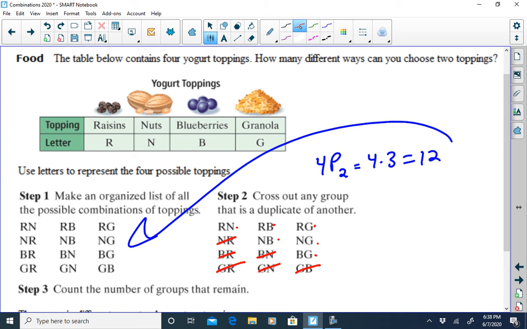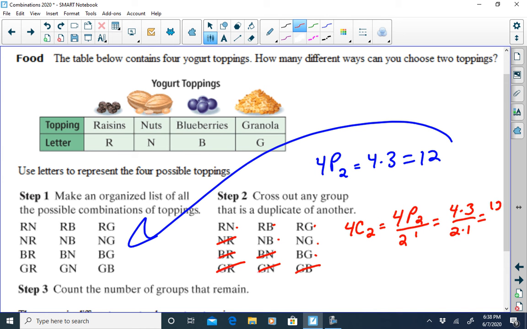Combinations would work like this. 4C2 would be to take the number of permutations 2 at a time, 4P2, and divide by 2 factorial. So that's going to be 4 times 3 divided by 2 times 1.